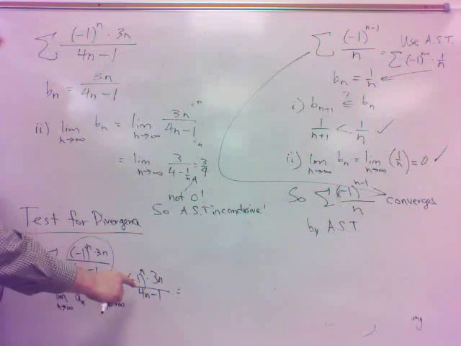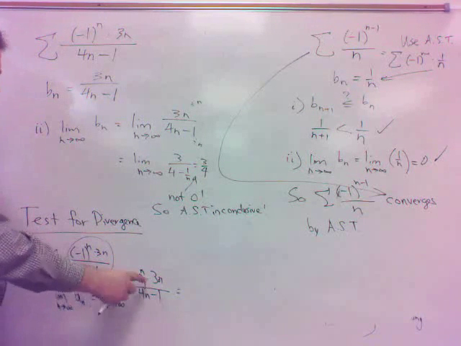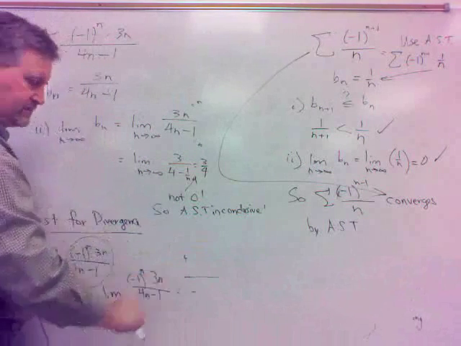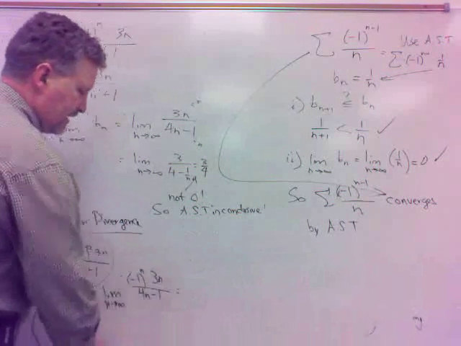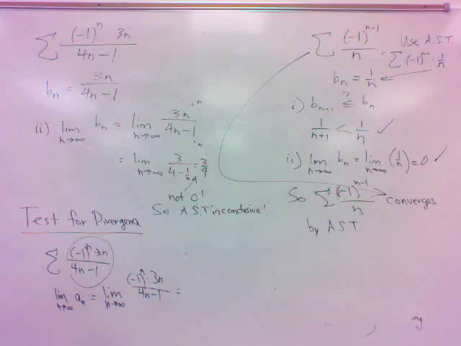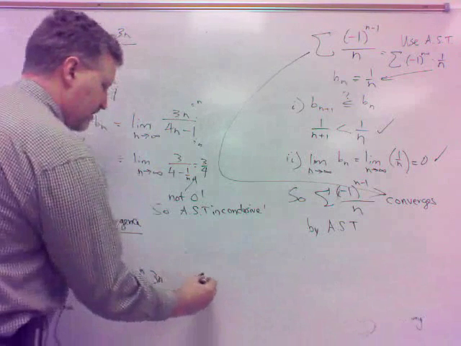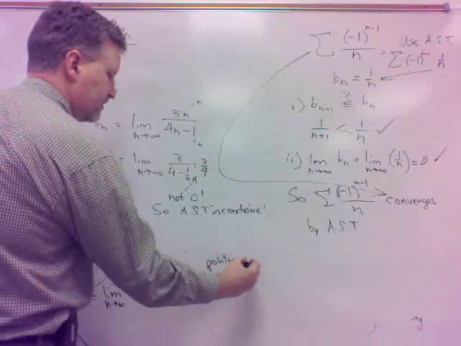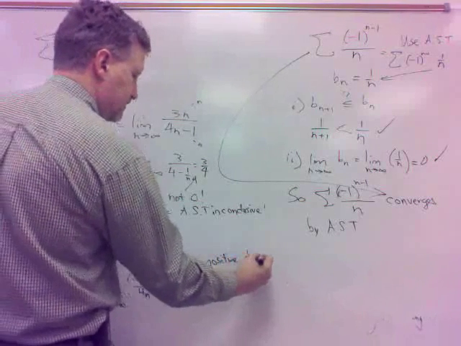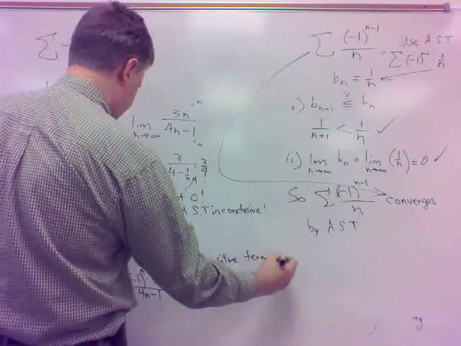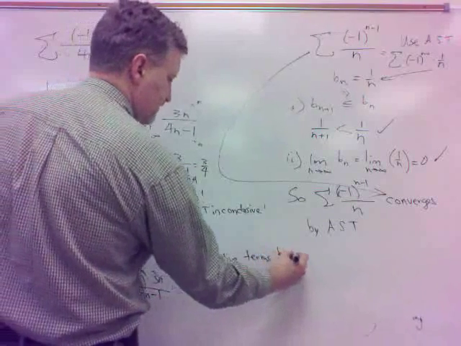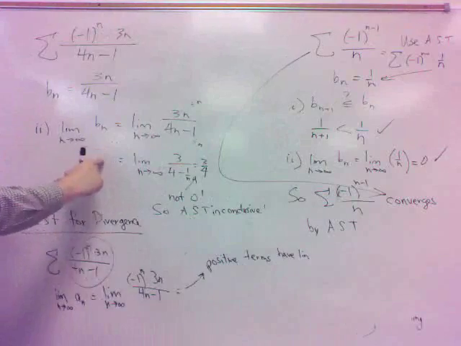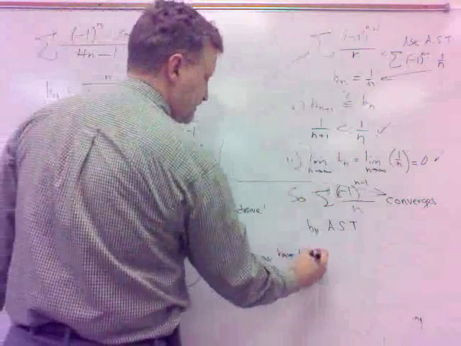Because you've got positive terms, then you've got negative terms. On the positive side, the positive terms are going to go to 3/4, because that's what we did right here, right? The positive terms have a limit of 3/4.